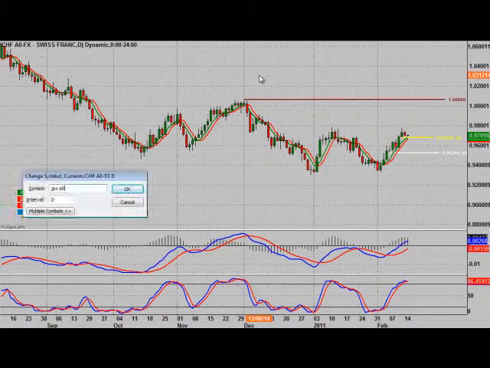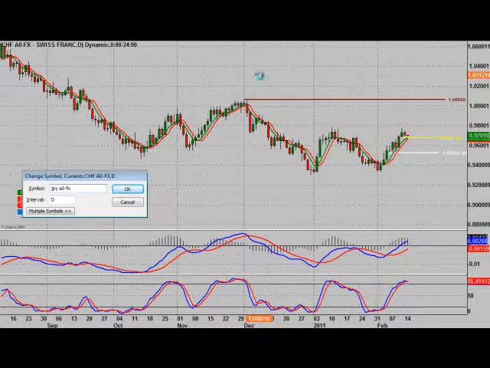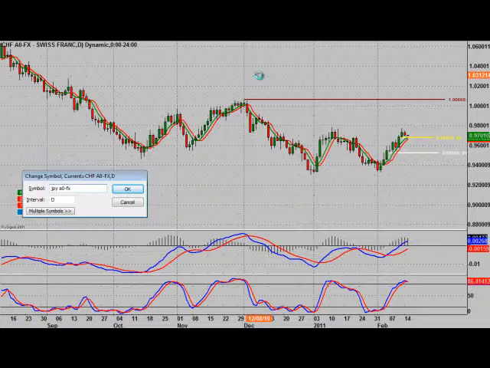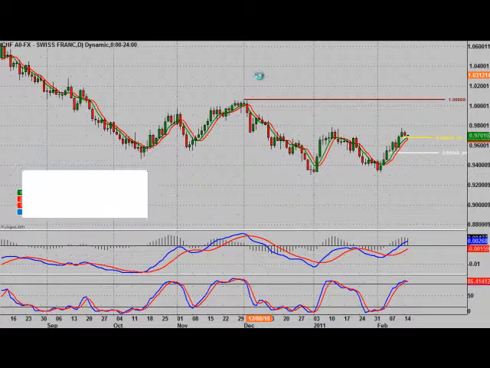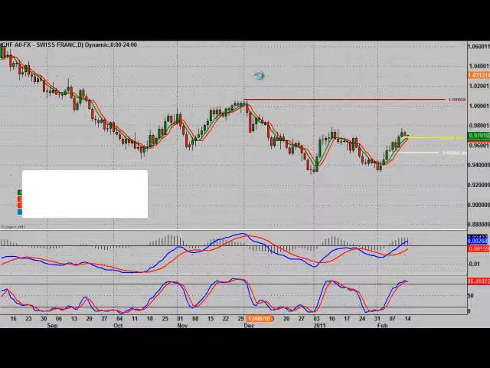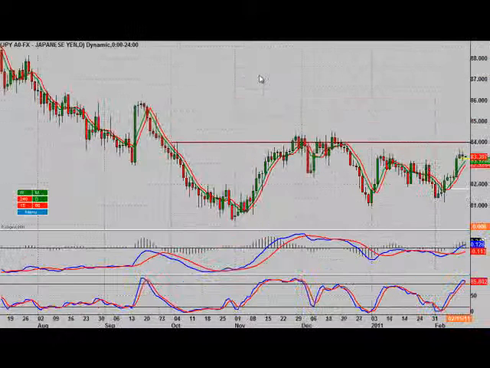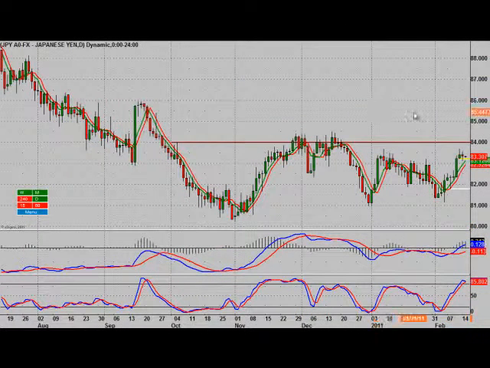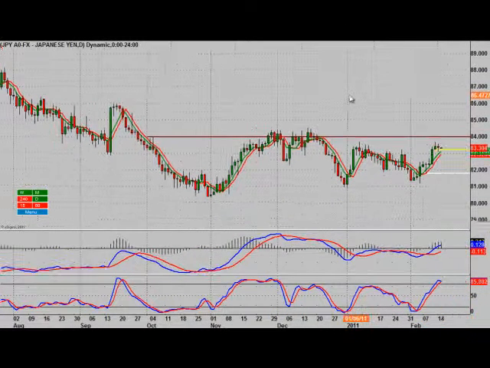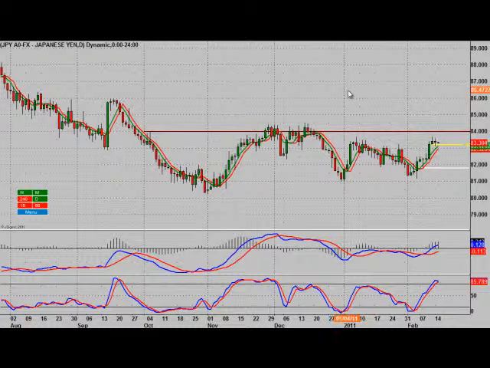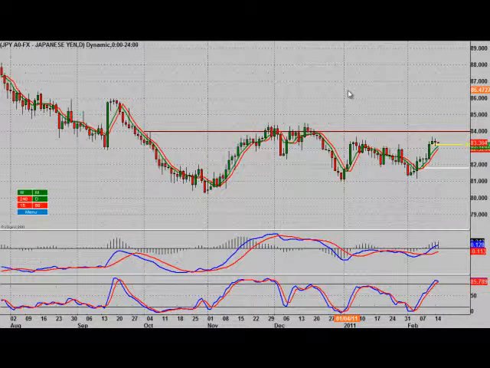Here's the dollar yen. There's the dollar yen. Boy, this market's holding its gains pretty well.